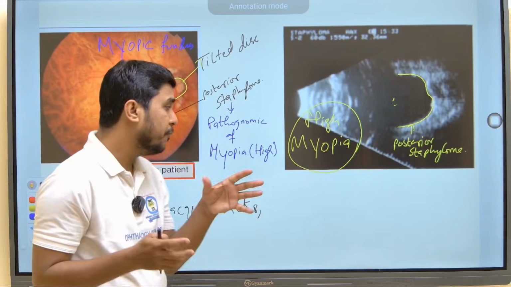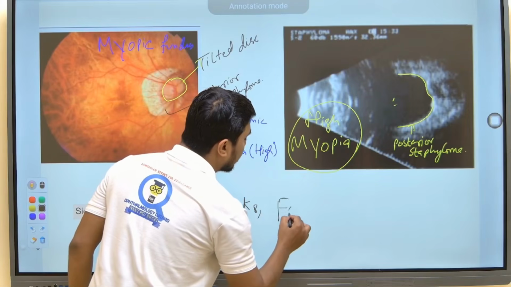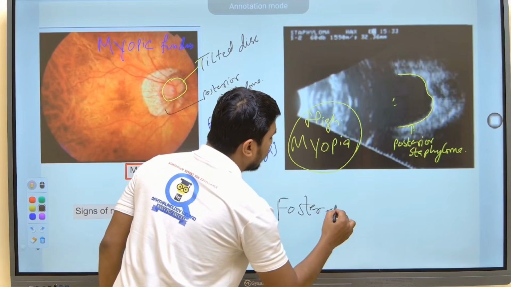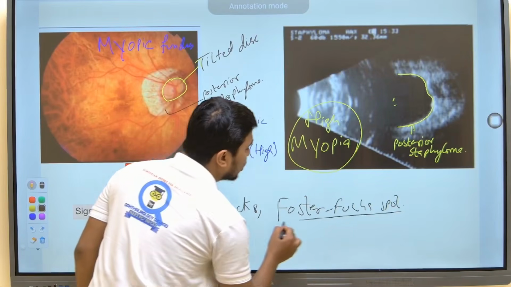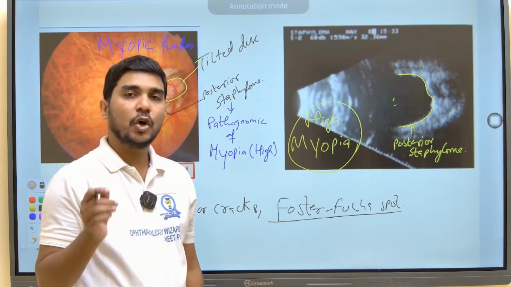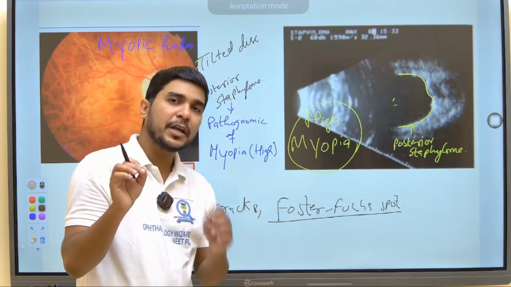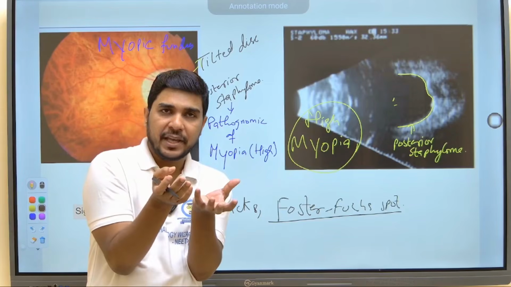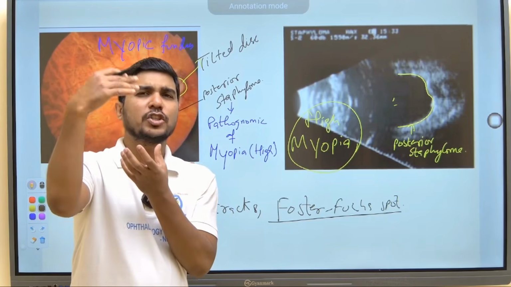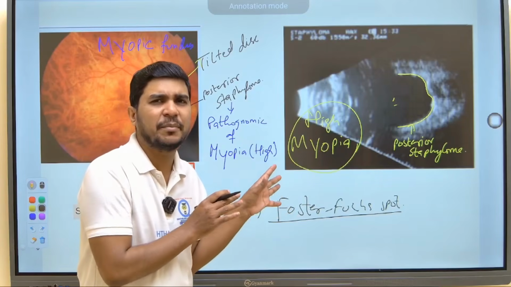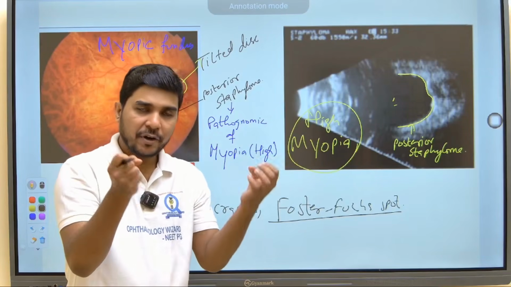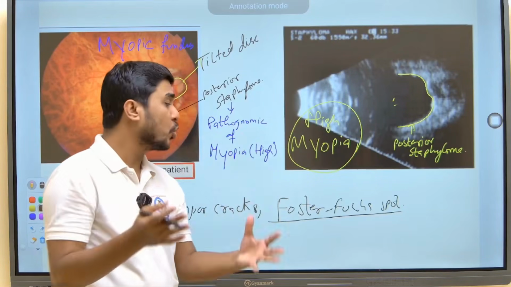Second thing, there will be a Fuchs spot. Very important MCQ. Foster Fuchs spot. So this Foster Fuchs spot is a red spot because of subretinal hemorrhages at the macula or because of choroidal neovascularization. Whatever be the reason, there is a red spot you will sometimes see on the fundus of a myopic patient, and that is called Foster Fuchs spot.